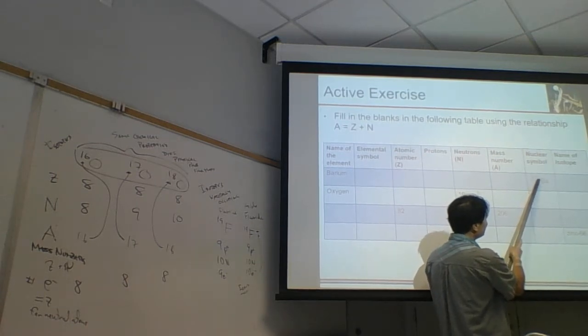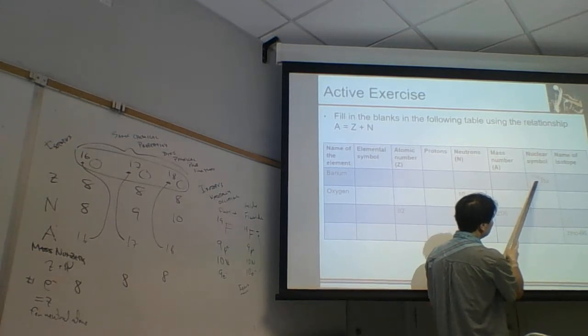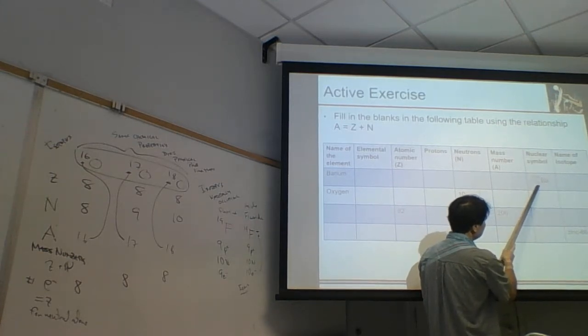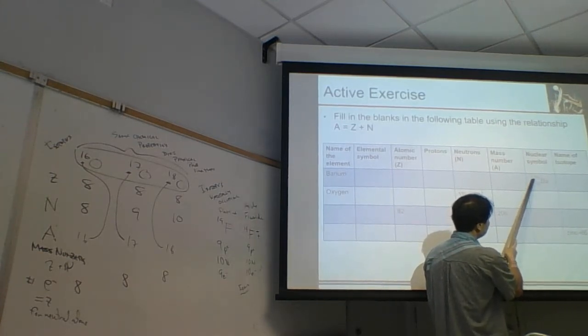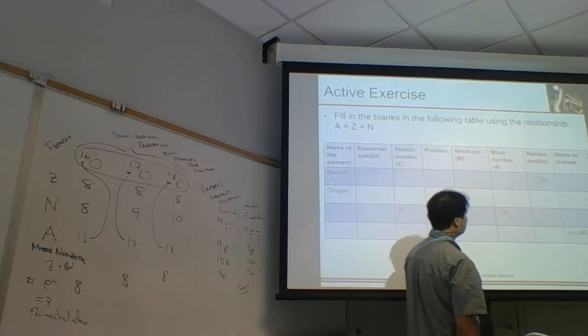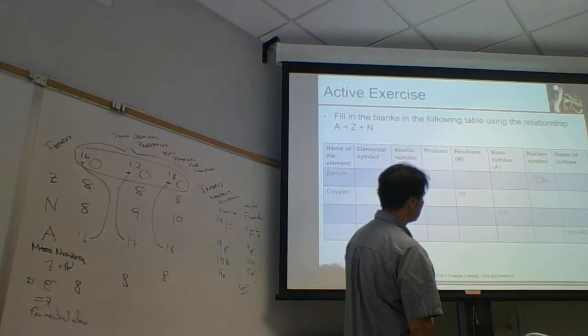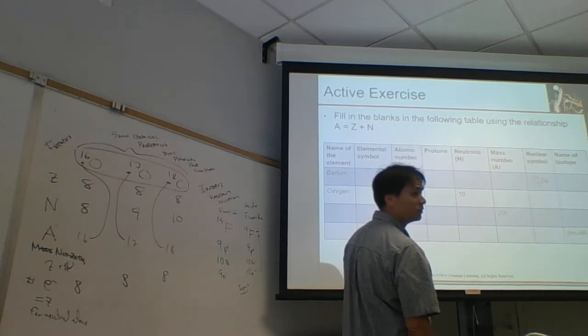If we know the mass number, then we can calculate the number of neutrons. So if the mass number is 138 and Z is 56, then the number of neutrons is 82.